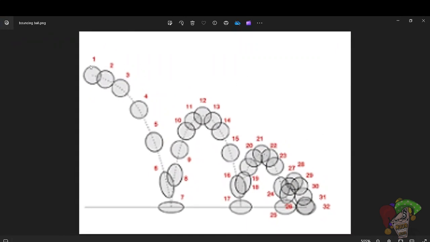You can understand what you're seeing based on the amount of balls that you're seeing in the scene. There's a ball here, there's a ball here, there's a ball here, then there's a ball here. It's coming down, it squashes on the ground, goes up.